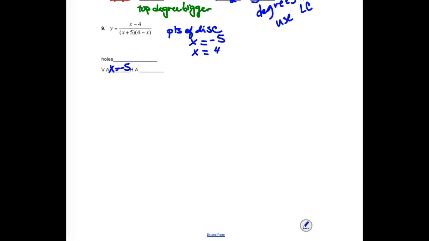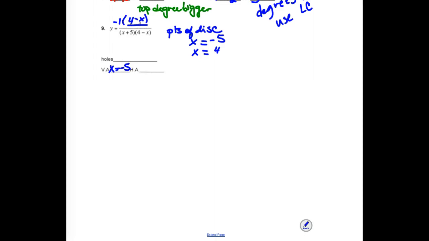Can we remove the issue with 4? Yes. The numerator has an x minus 4. The denominator has a 4 minus x. If we were to factor out a -1 from this, we'd have 4 minus x left, correct? So we can remove that, but it does leave a -1 in its spot.